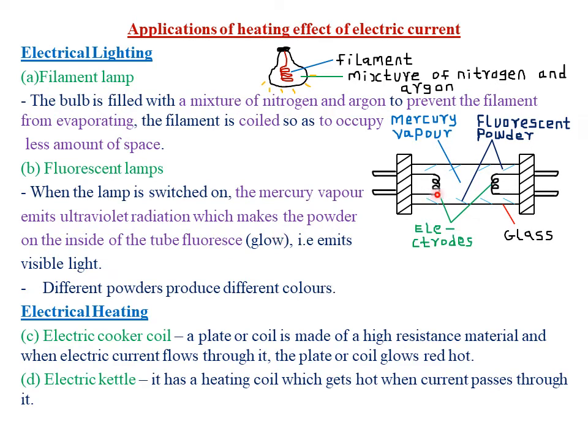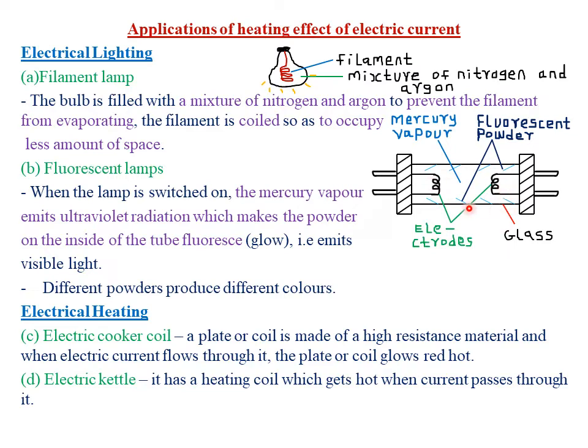So this is our typical diagram of a fluorescent lamp. I'm sure that these are usually very available in most schools and also in most households. Some of the parts involved: one, we have the electrode, so we have one electrode and the other electrode here.